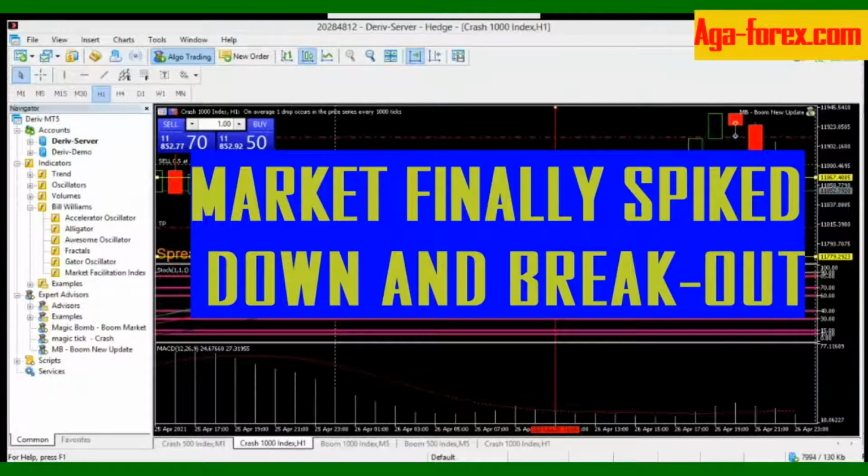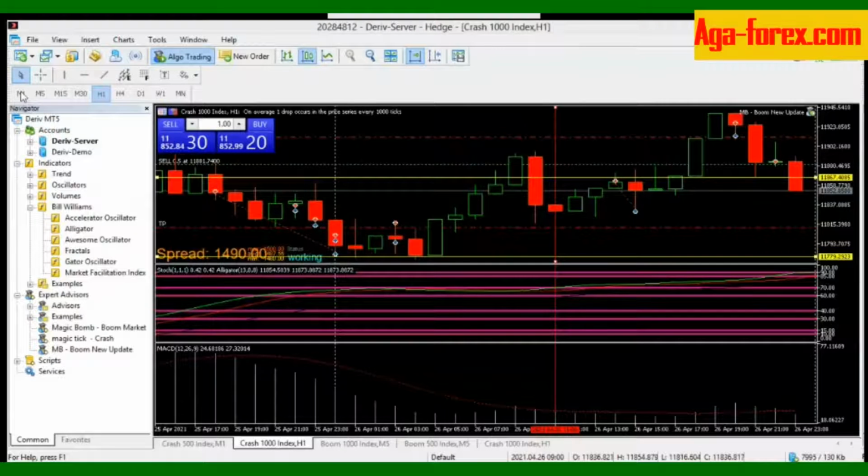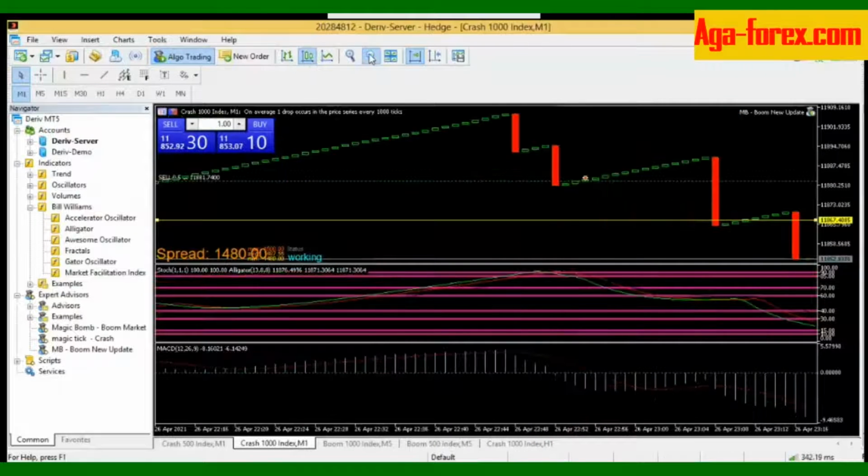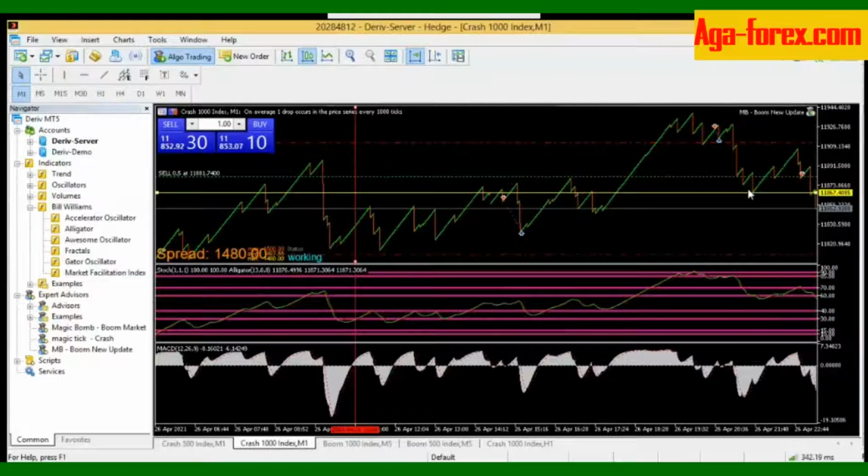You see, this market still spikes. So this market breaks this low. You see, this market breaks this resistance here. So as I told you, the further the market carries, the stronger the movement.